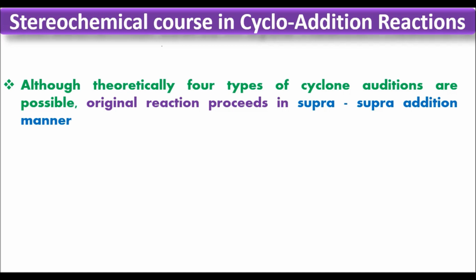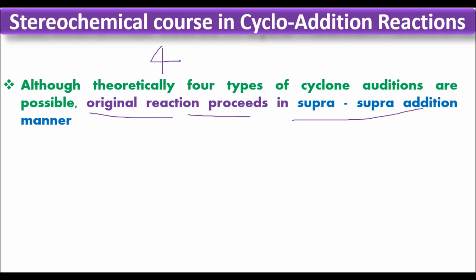So there are 4 types of cycloadditions possible: supra-supra, supra-antara, antara-supra, antara-antara. But the original reaction always takes place through supra-supra cycloaddition. The remaining are all hypothetical, just imaginary concepts, theoretically possible, but experimentally they are not going to take place.